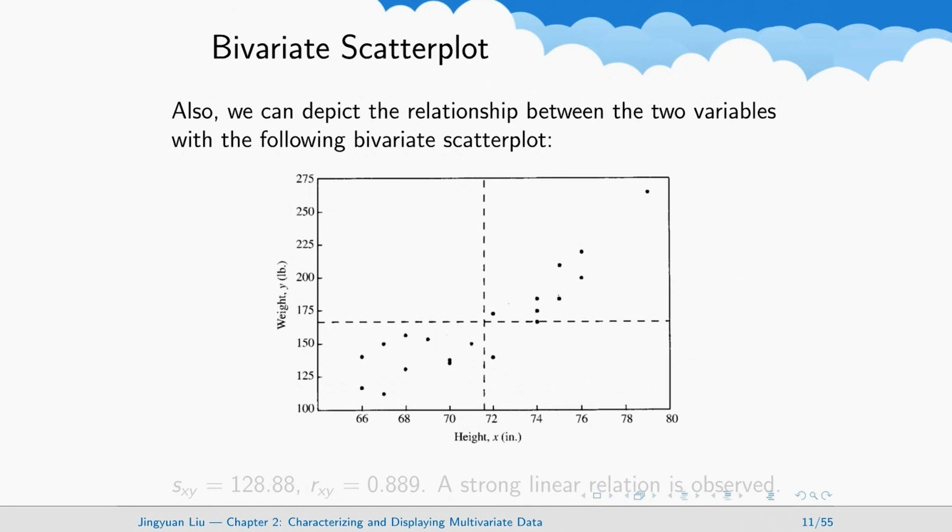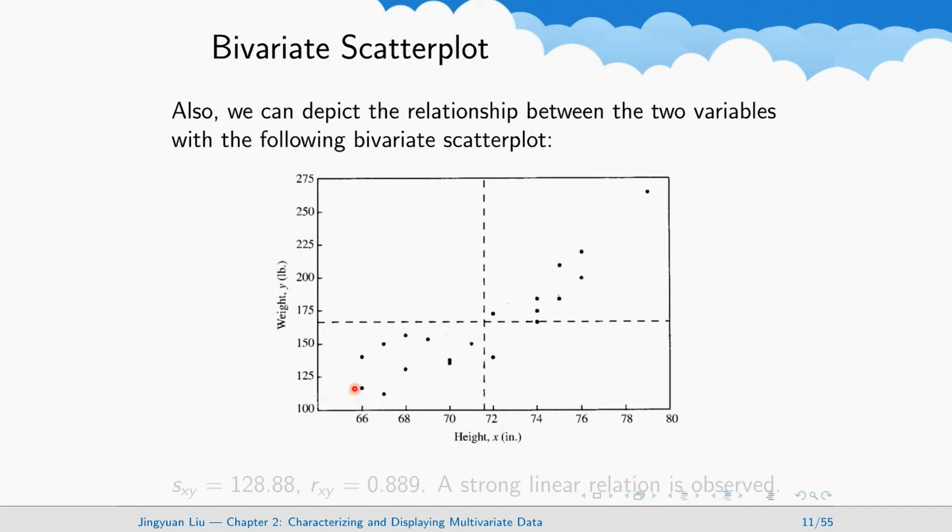A more efficient way to display the relation between the two variables, height and weight, is the so-called bivariate scatter plot, which is the scatter plot we frequently talk about. Here we have two axes: the x-axis stands for height and the y-axis stands for weight.